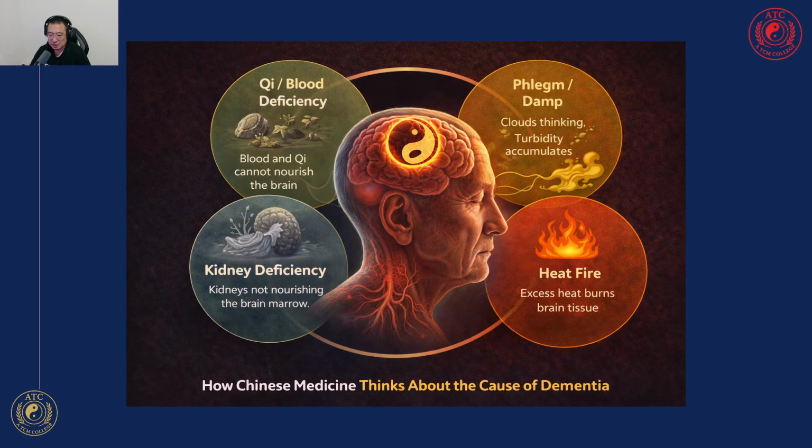And another excess pathogen, we say the cause is heat fire. That's excessive heat and fire burning brain tissue. That can also be found in lots of blood vessel problems, as we talked about with CAD. CAD also has a cause of heat and fire. So some herbs to clear the heat and the fire may be helpful to eliminate the cause of dementia.